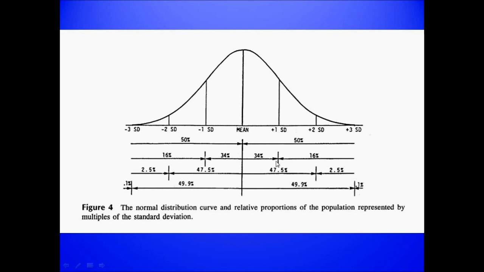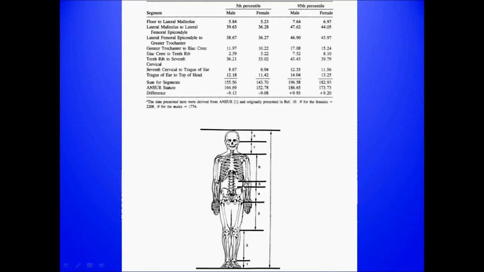And you can see that we get into 1, 2, 3 standard deviations out, where we look at the different percentages of the population. For one standard deviation, it's 34% of the population on either side of the curve. For 2 standard deviations, 47.5%, and then for 3 standard deviations, 49.9% of the population on each side of this curve.